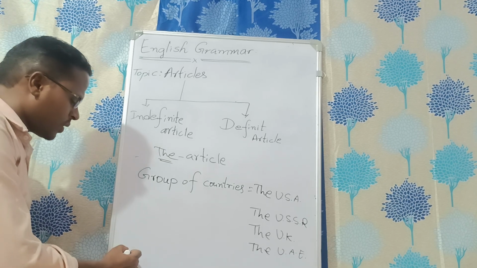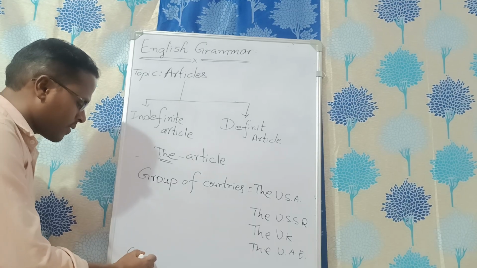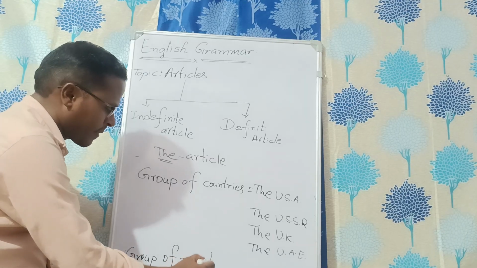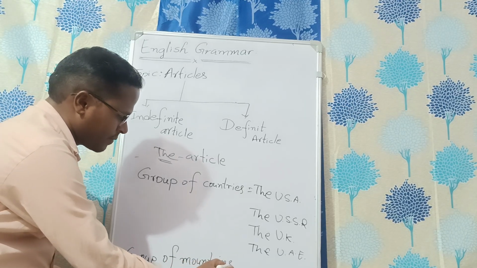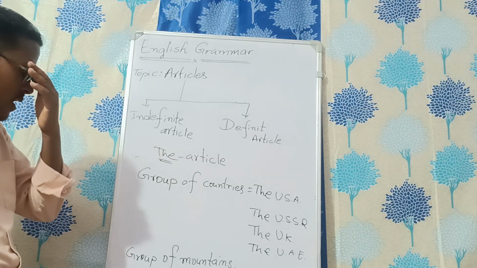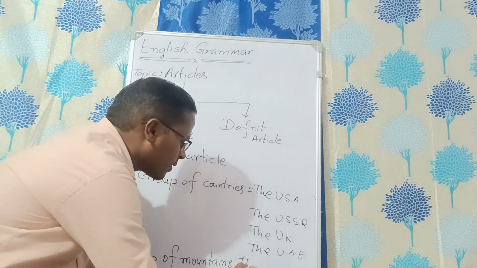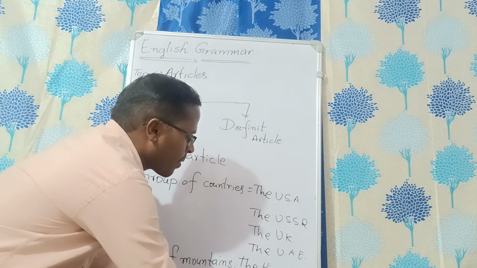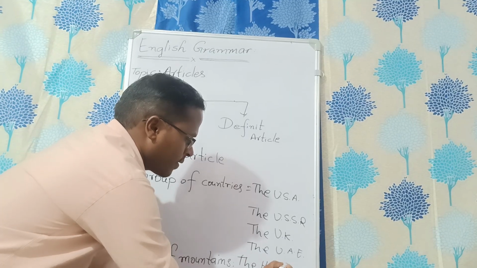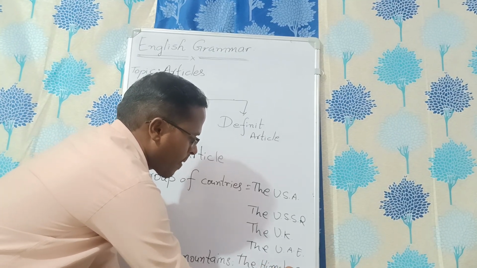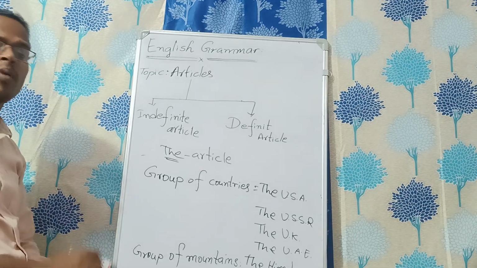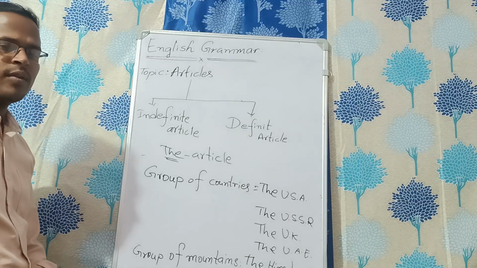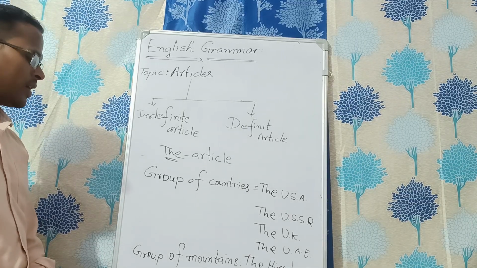When I talk about a group of mountains, see, the Himalayas. Himalayas are a group of mountains. So before a group of mountains, we have to use the article.